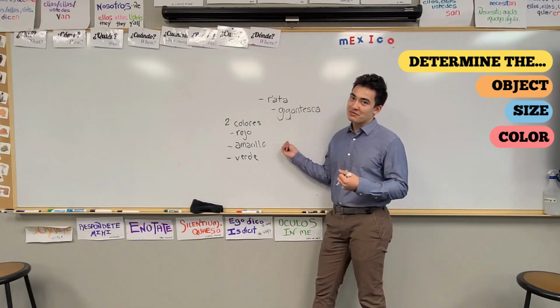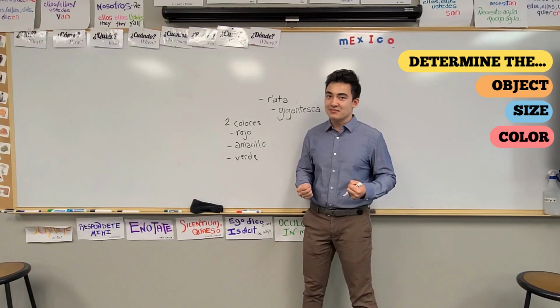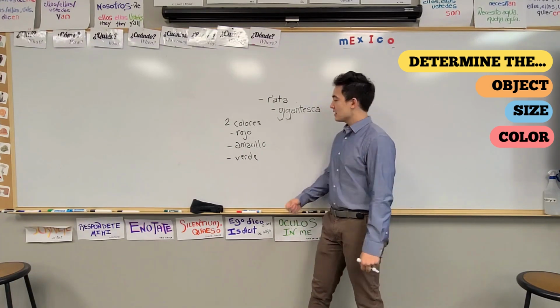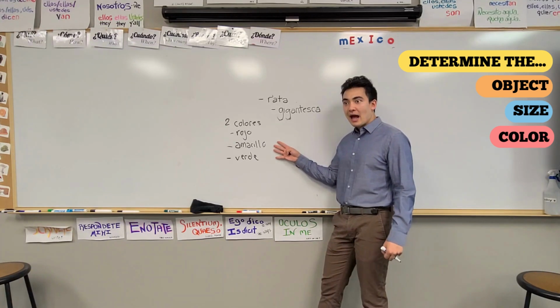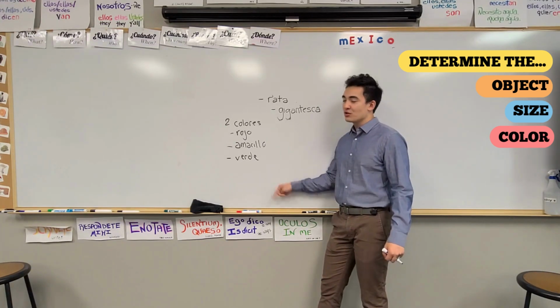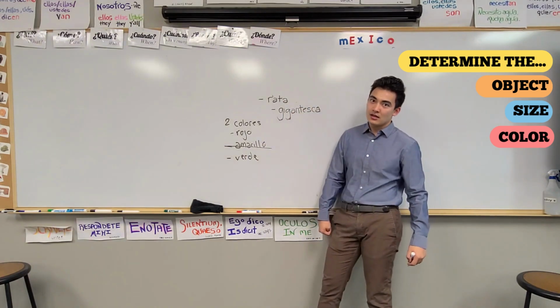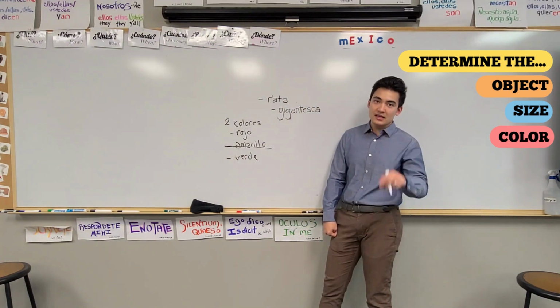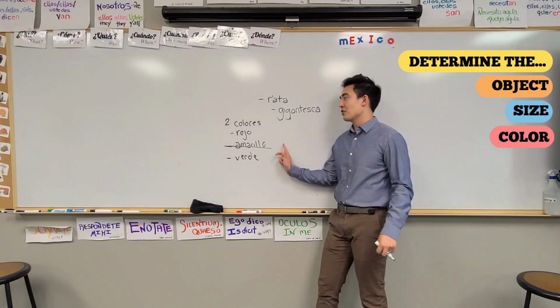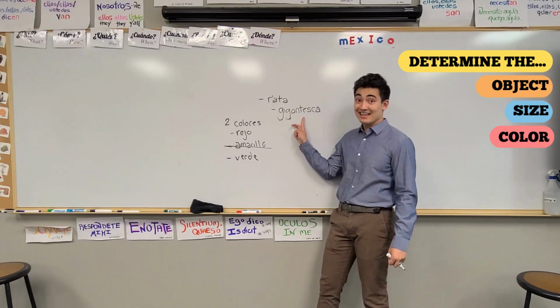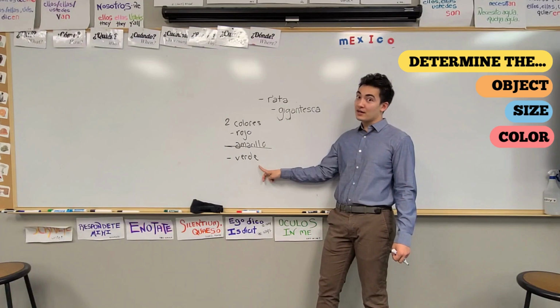I mean, you want their job to be fun, and it's not fun unless they get to make very controversial decisions. Profe Dos, elimina un color. ¿Cuál color no te gusta? Clase, Profe Dos dice que no le gusta amarillo. La rata gigantesca es roja y verde.